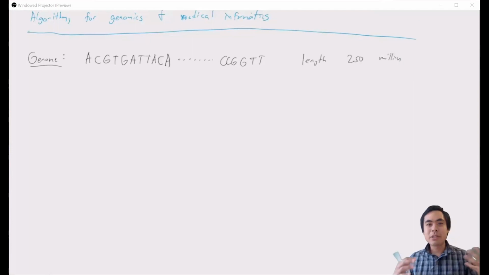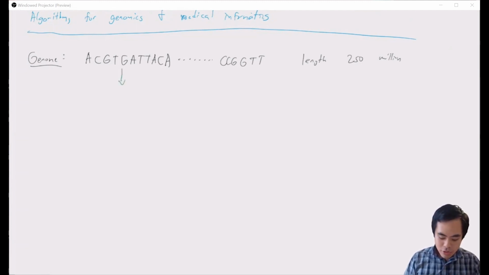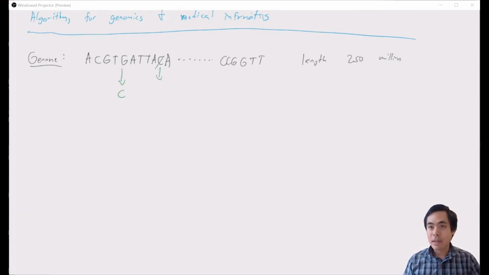Well, it turns out that measuring similarity between genomes is one way to figure out the evolutionary history of genomes. Because if you recall from biology classes, when a genome mutates, you might take this G here and turn it into a C. You might take this C here and just delete it. You might insert something between those two C's there.